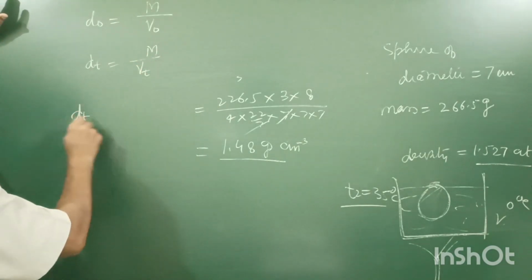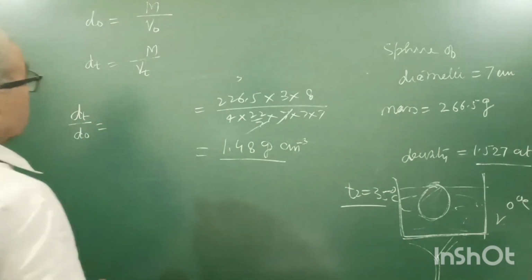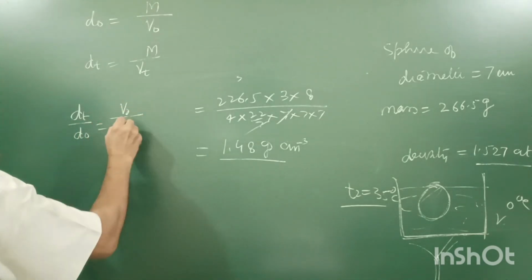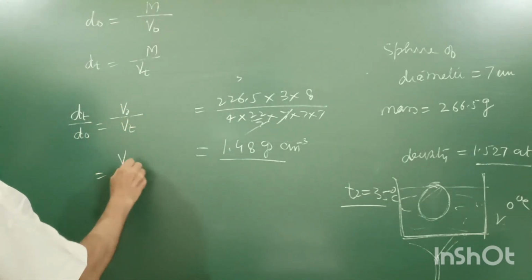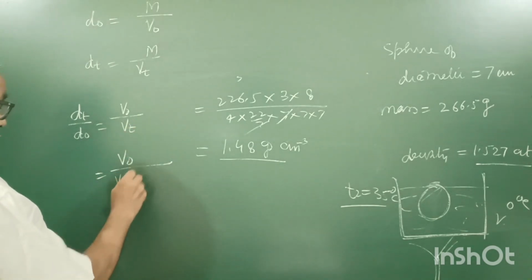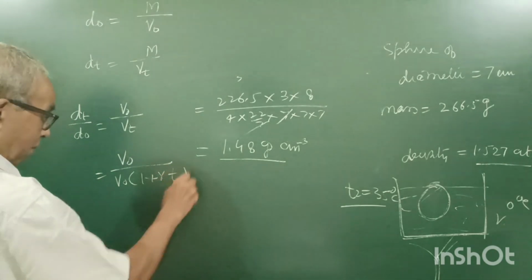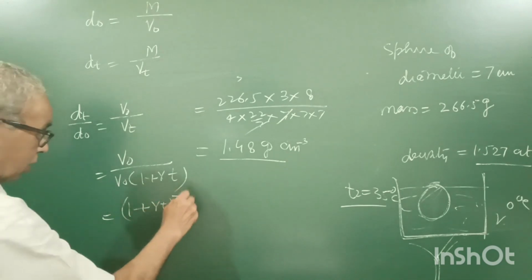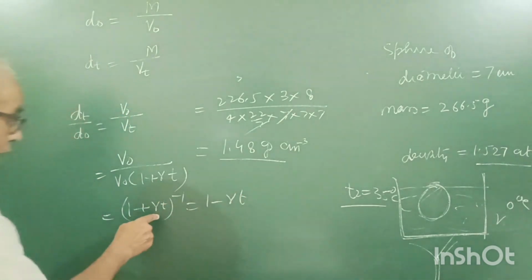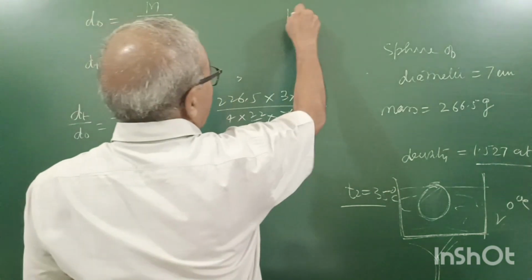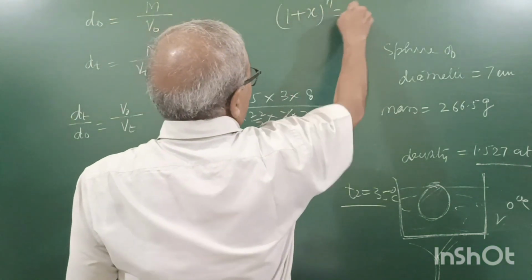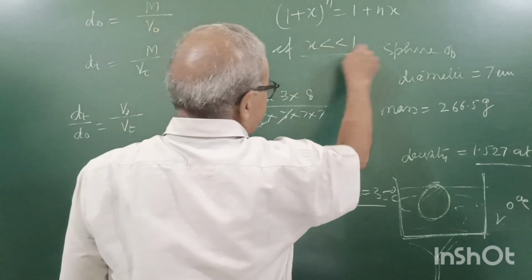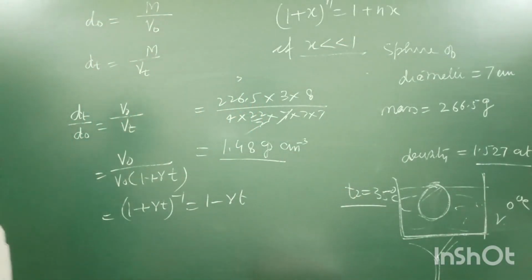So Dt upon D0 will be V0 upon Vt, and V0 upon Vt means V0 into 1 plus gamma t, so it will be 1 plus gamma t to the power minus 1, equal to 1 minus gamma t, because gamma is very small. 1 plus x to the power n is equal to 1 plus nx if x is very much less than 1. I'll keep on telling you this constantly.